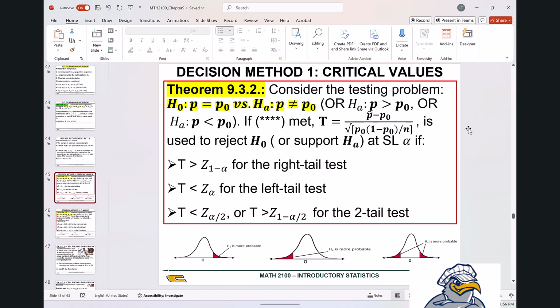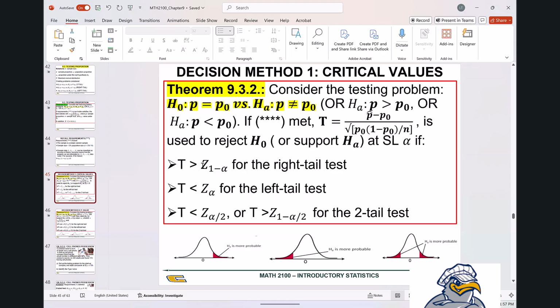So with the critical value method, your rejection region for the right tail test will be T greater than z 1 minus alpha. For the left tail, T less than z alpha. And the two tail will be either less than z alpha over 2 or greater than z 1 minus alpha over 2.